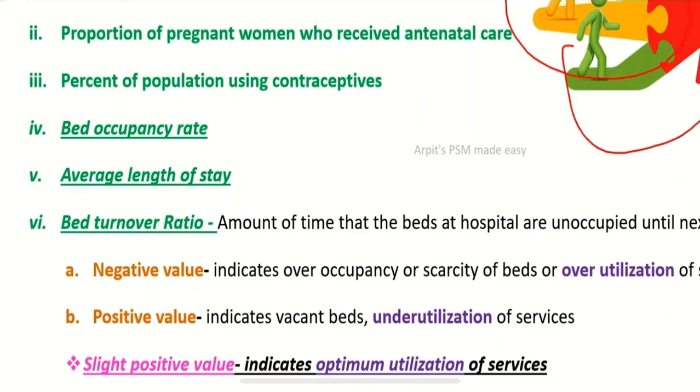The bed occupancy rate is the average daily inpatient census, the total average daily IPD patients, that is, the average number of beds which have been occupied by patients, and the average length of stay. It is nothing but the days of care rendered, how many days the patient has been admitted before being discharged.